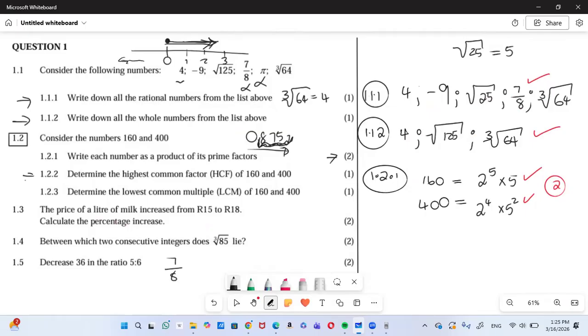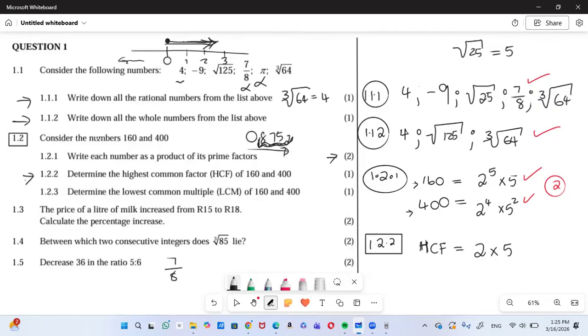And then for 1.2.2, they're saying determine the highest common factor of 160 and 400. So now our highest common factor, guys, remember, a common factor is a number that appears in the 160 and also appears in the 400. So what are those numbers? The 2 is appearing as well as the 5, okay?